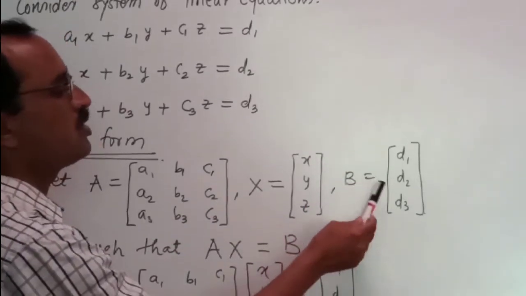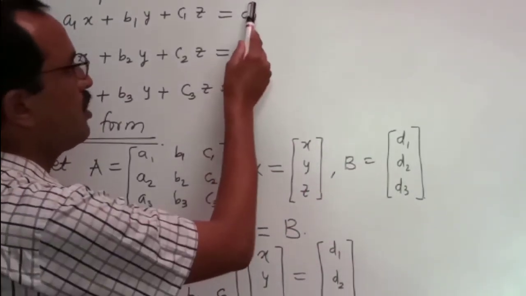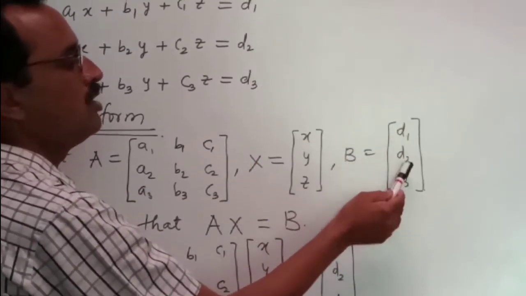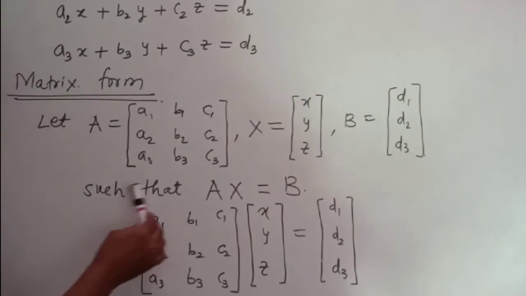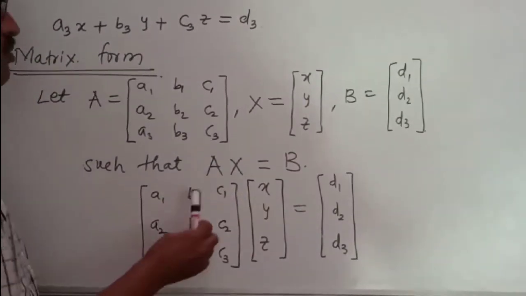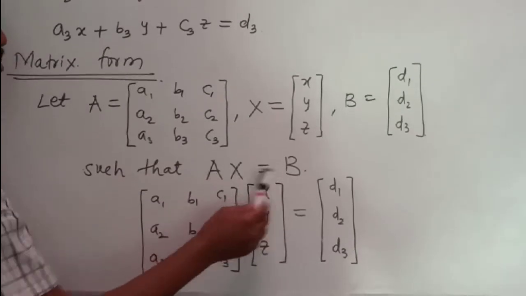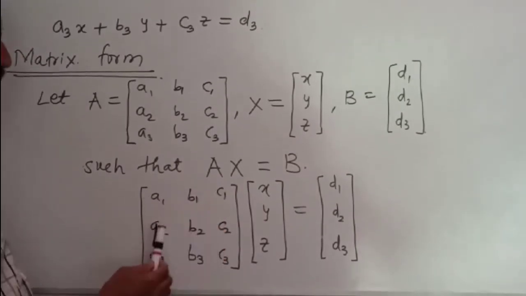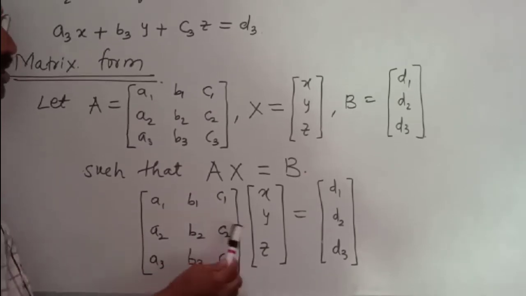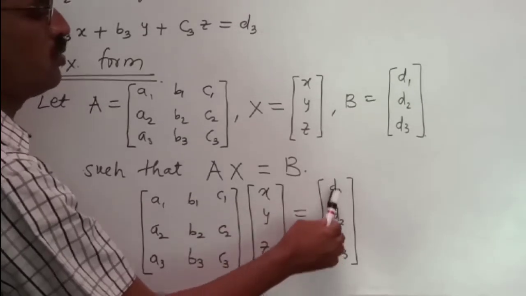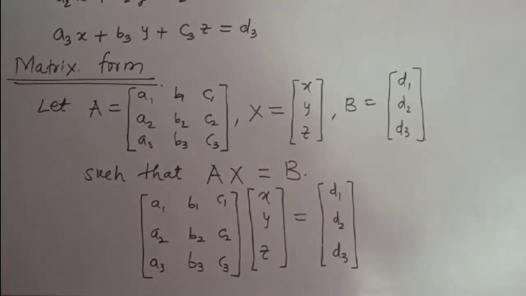And matrix B is equal to the right hand side elements, also a column matrix, d1, d2, d3, such that the matrix equation is AX is equal to B. Now we put the values of A, X and B, then this matrix equation becomes a1, b1, c1, a2, b2, c2, a3, b3, c3 into X, Y, Z is equal to d1, d2, d3.